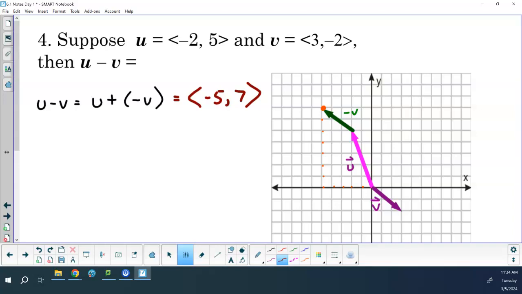Short way: horizontal minus horizontal, and vertical minus vertical. Okay.